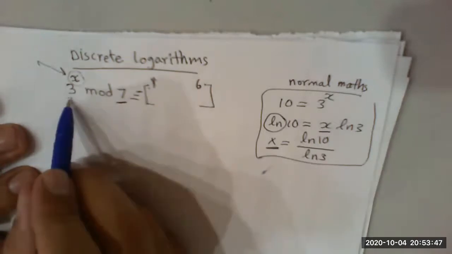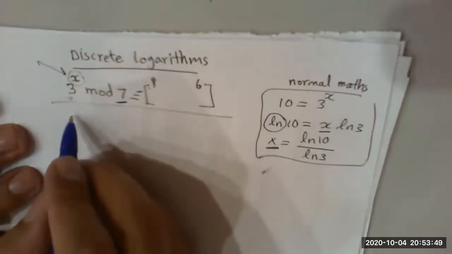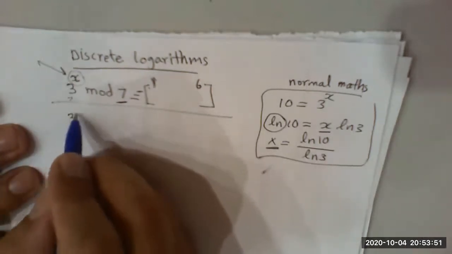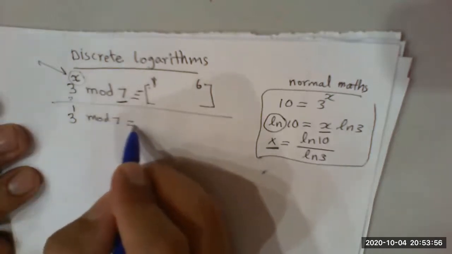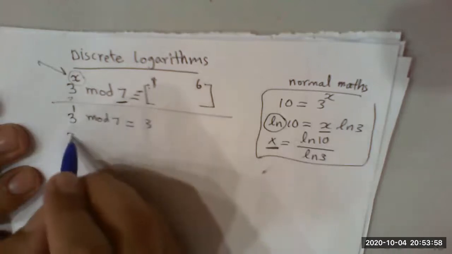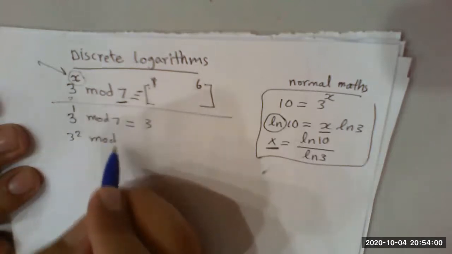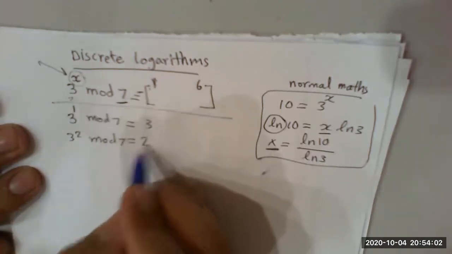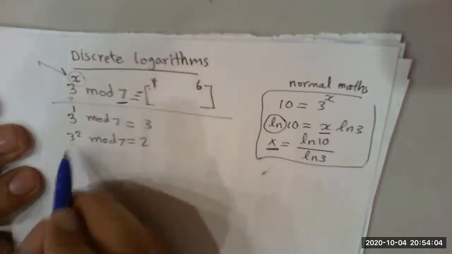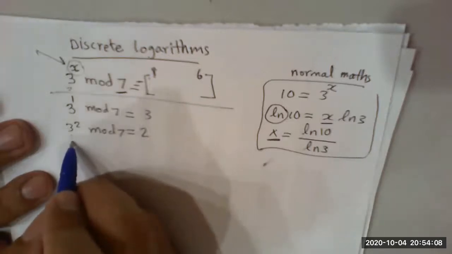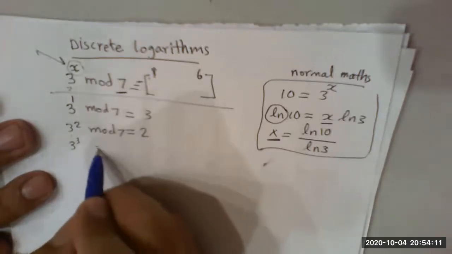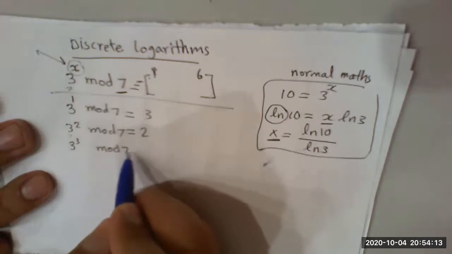Let us test whether this is working or not. For example, 3^1 mod 7 equals 3. 3^2 mod 7 equals 2, because this is going to be 9, and the difference between 9 and 7 is 2. 3^3 mod 7 equals 6.